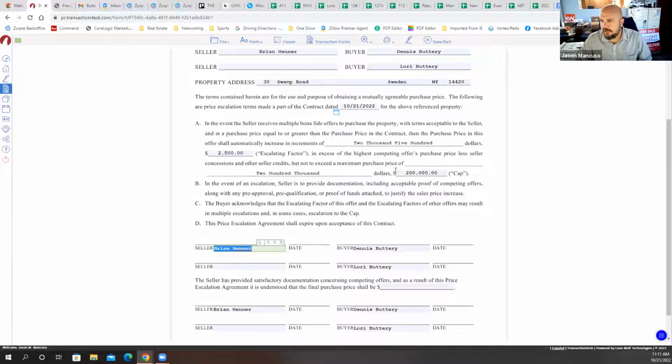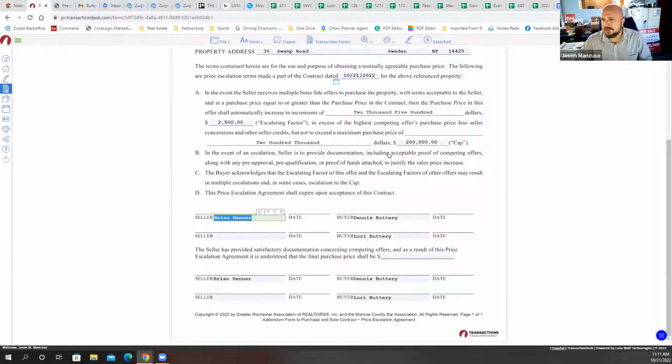So that fills in there, $200,000. This goes on to say that seller's got to provide the proof of a competing offer. And also that's nice, it addresses this, that essentially other escalations can be used to bump this offer up to a max amount of 200.